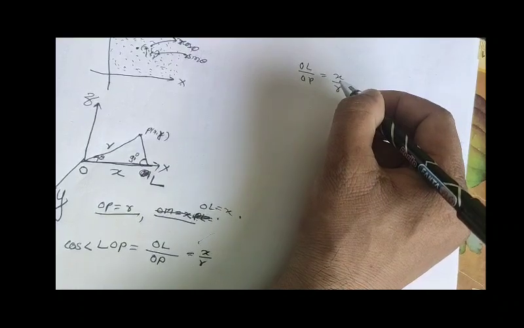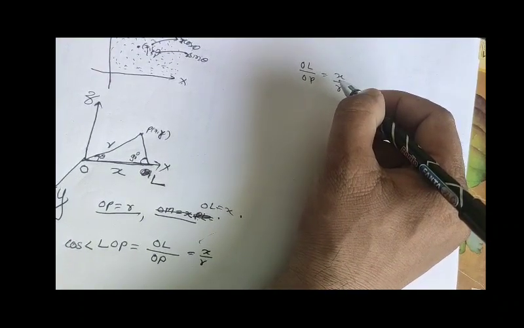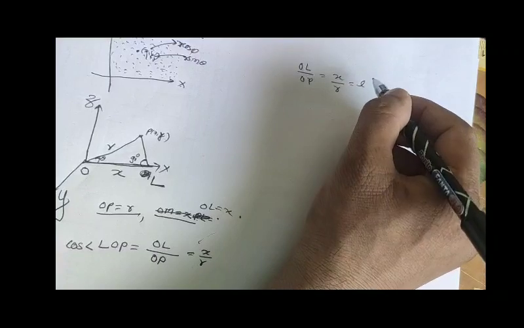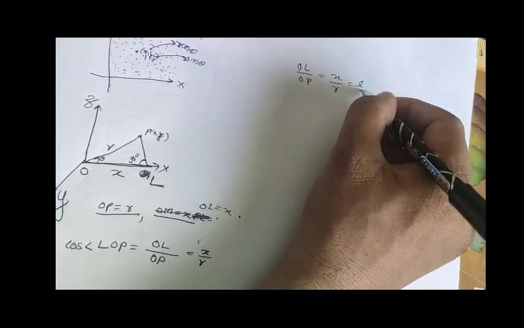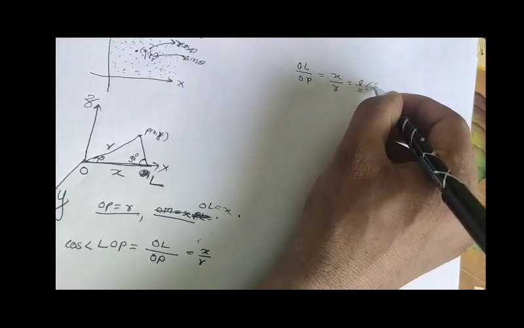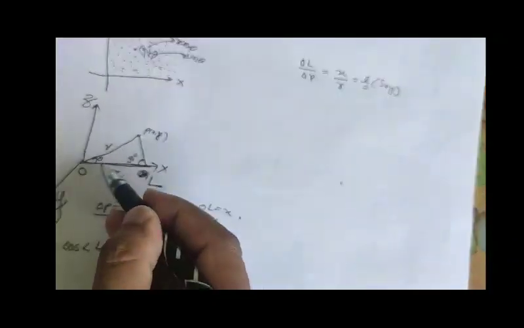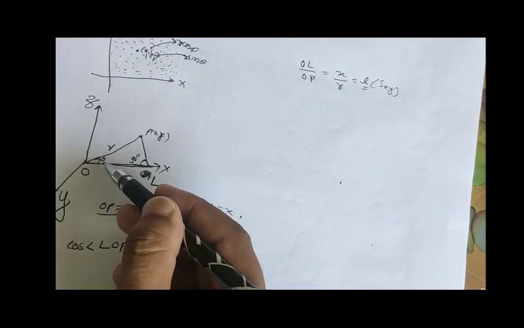This ratio we say ratio l, and this is the angle made by the line with the positive direction of x-axis.